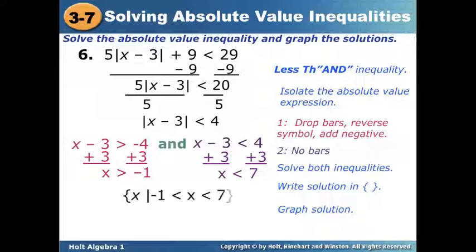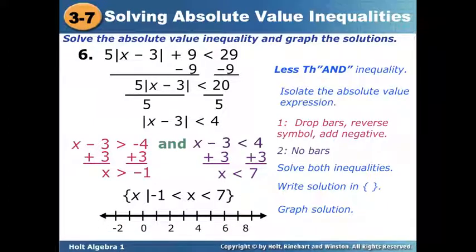For your set notation of an and, you will not see the word and. You put your numbers in least to greatest and just smush them all together. Negative 1 is less than x is less than 7. On our number line, they will have open circles and shaded to the inside as an and compound inequality should.